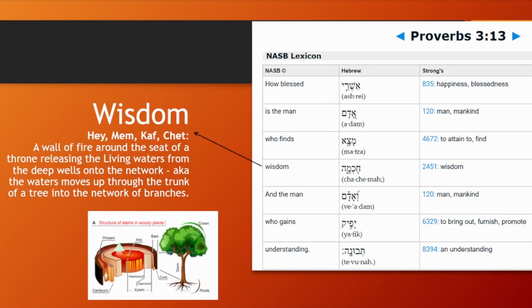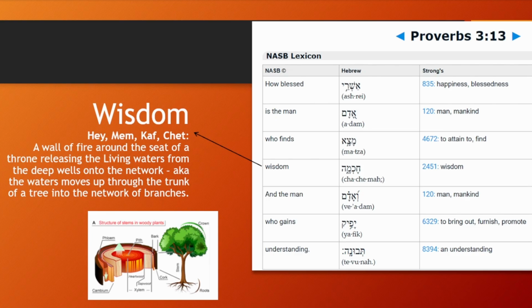It's a path, right? So it's a wall of fire around the seat of the throne, releasing the living waters from the deep wells onto the network.